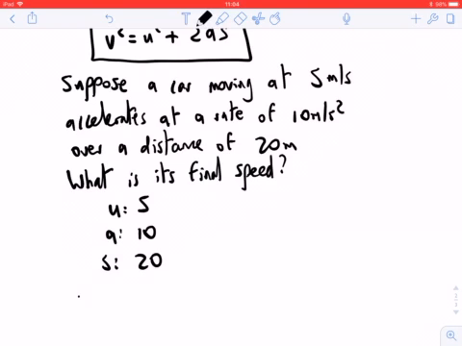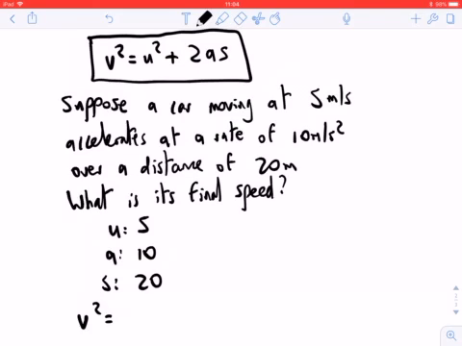So to work out v squared, I need to put those into my equation above. v squared equals u squared, so that's 5 squared, plus 2 times a, 10, times s, which is 20. The distance travelled is 20.